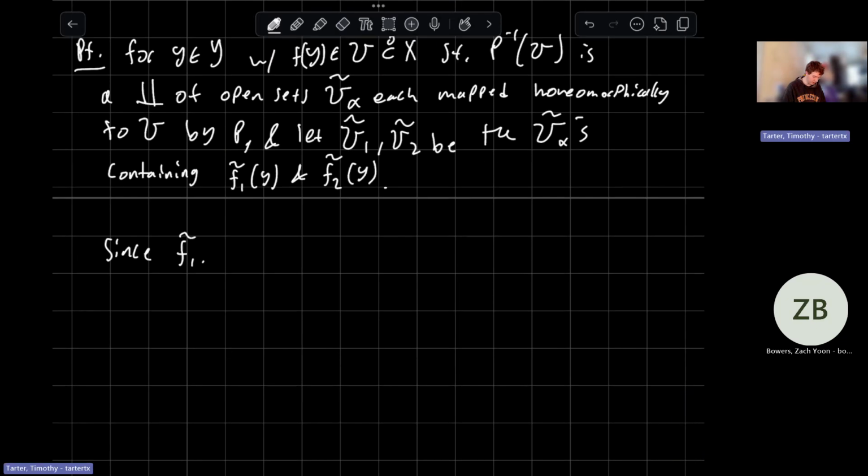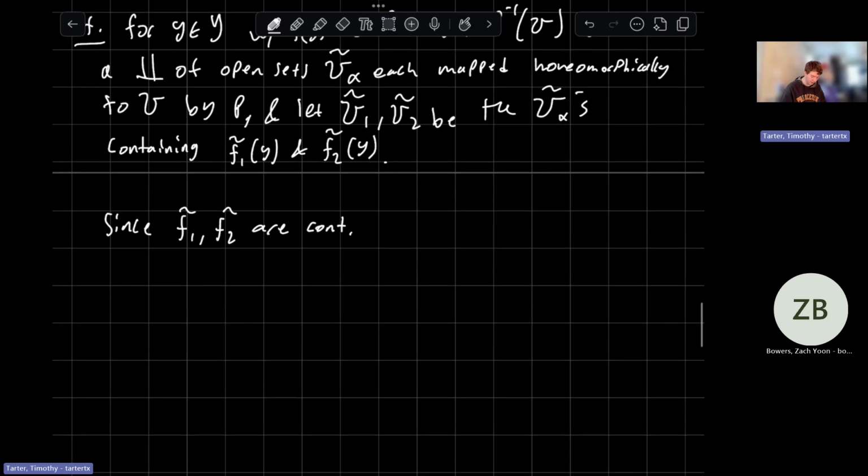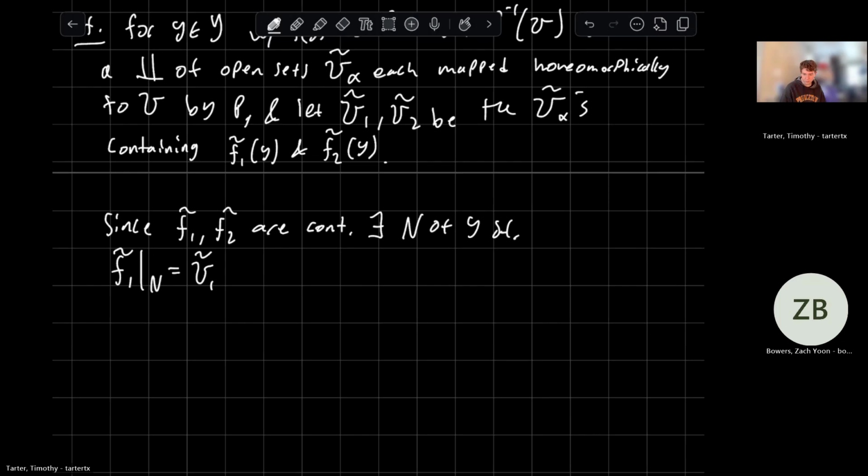Since F1, F2 are continuous, there exists N of y such that F1 restricted to N is in U1, and I'll just say Ui and Fi.